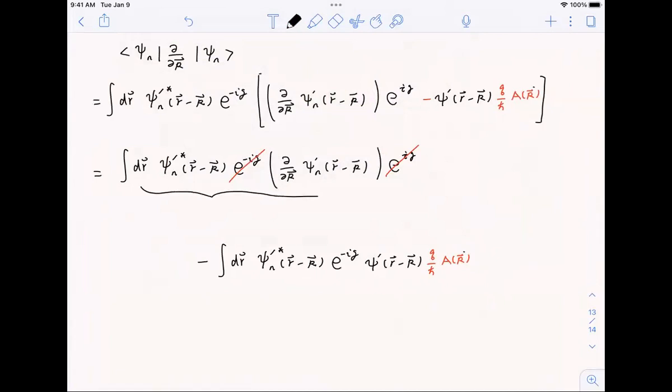So this thing equals dr. So this one is just negative. You can have a negative here, and then change it back into dr.